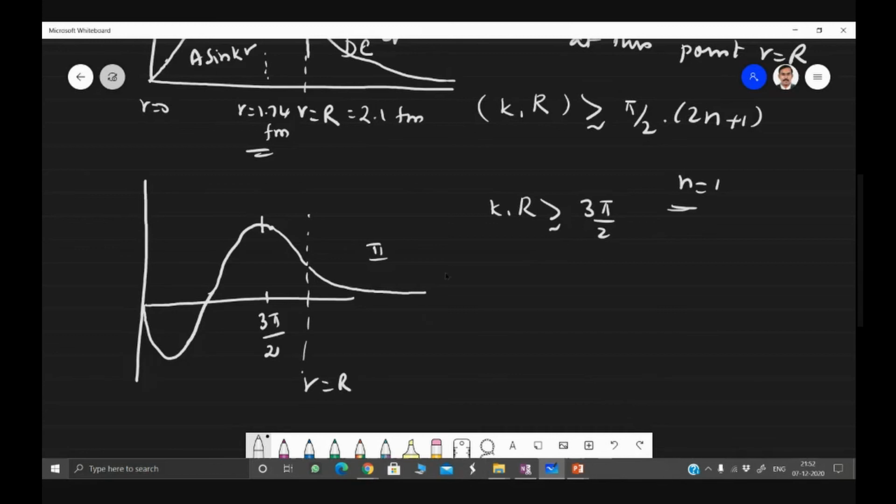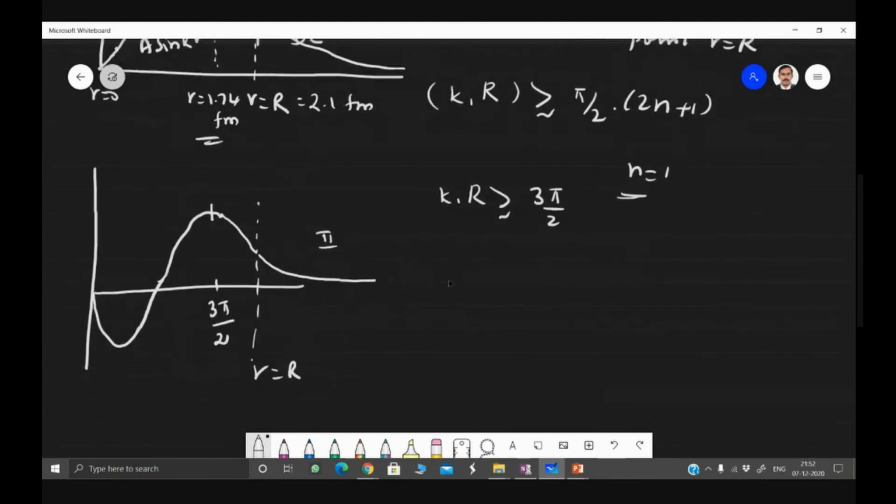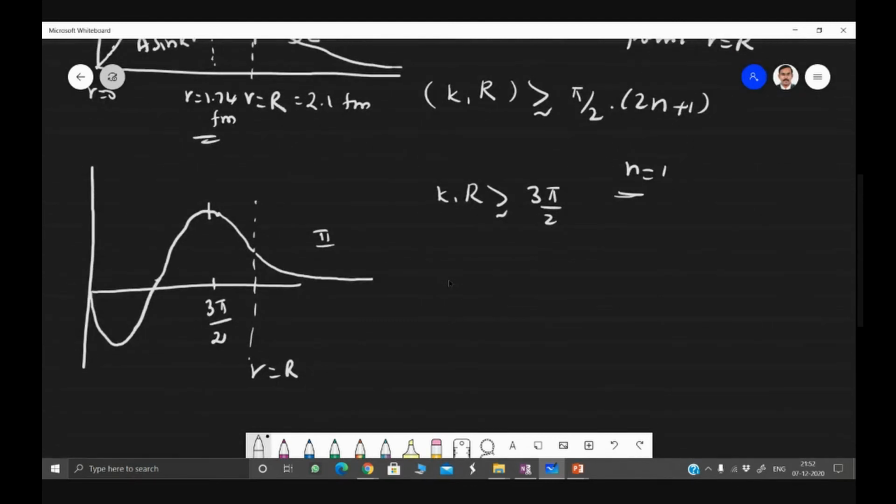Earlier we estimated the value of V naught by substituting k naught R equal to pi by 2.